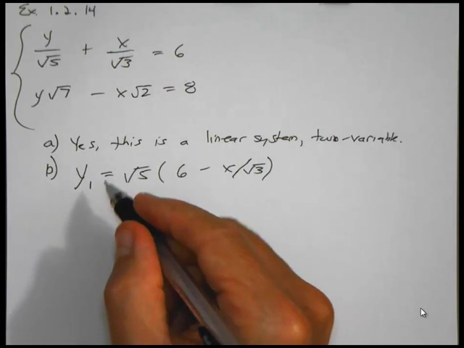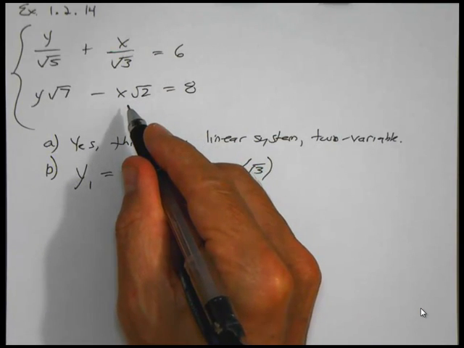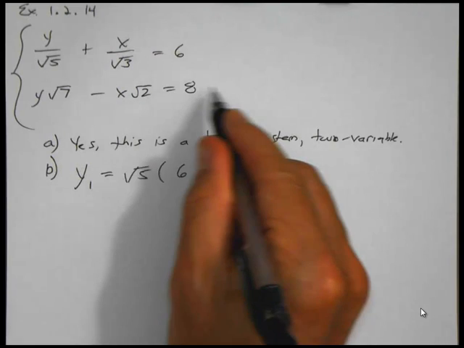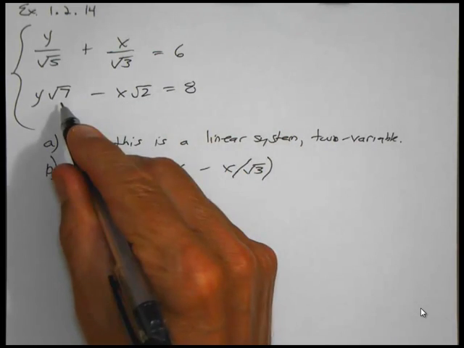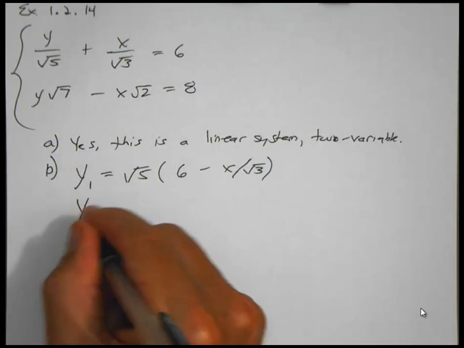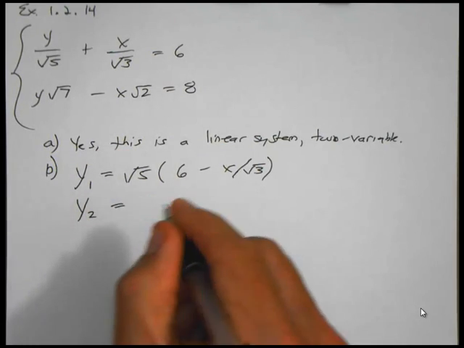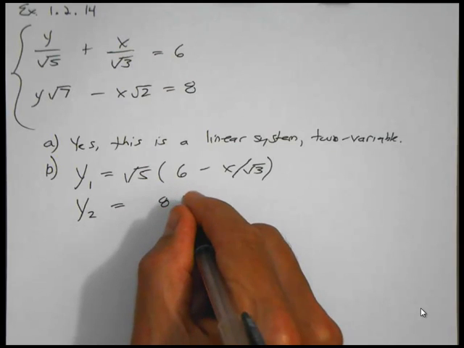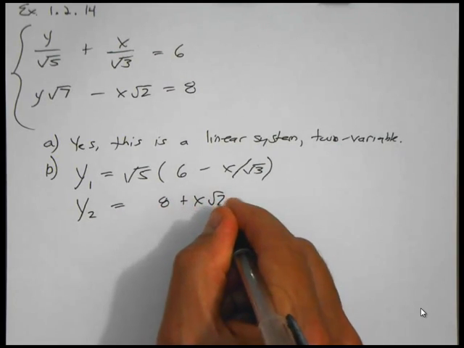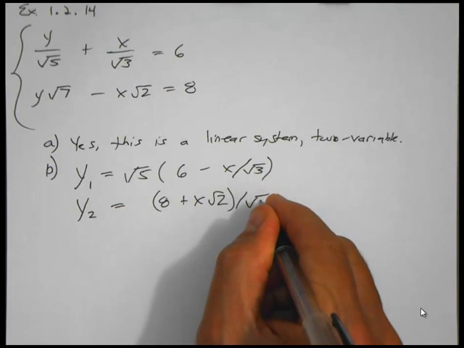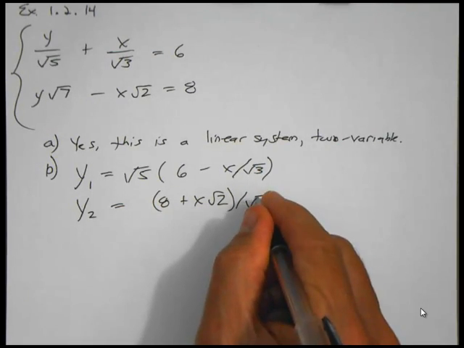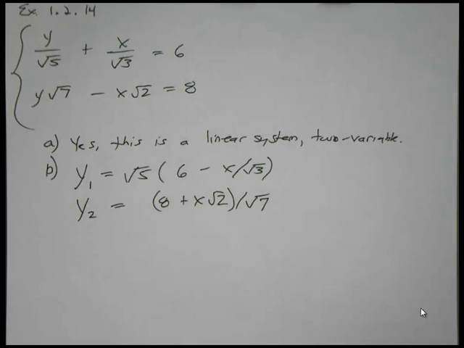In the second equation, to solve for y, add x square root of 2 to both sides, then divide both sides by the square root of 7. We could have y2 equaling (8 plus x square root of 2) divided by the square root of 7. And now we can go to the calculator.